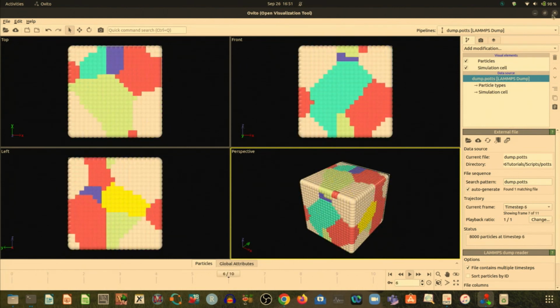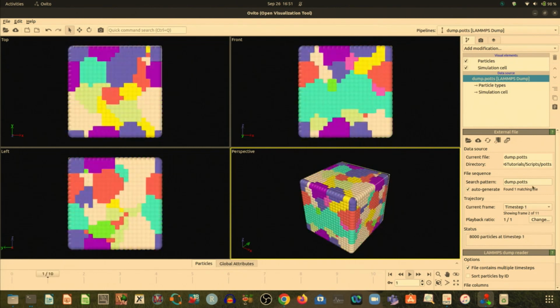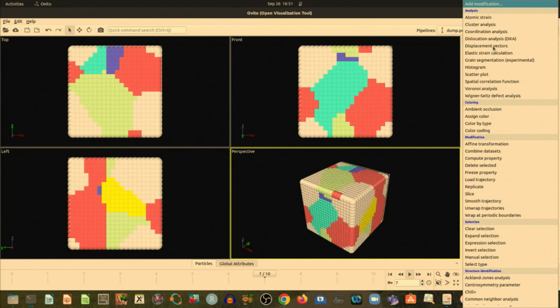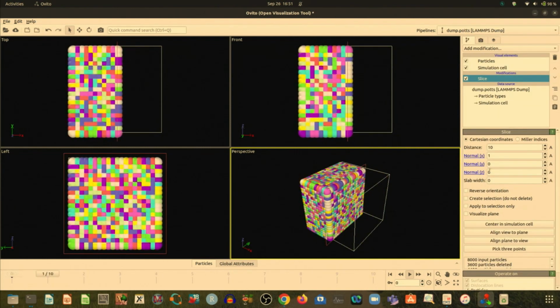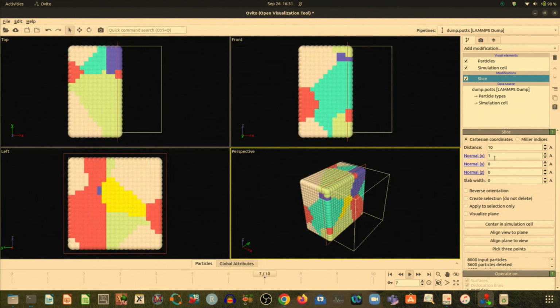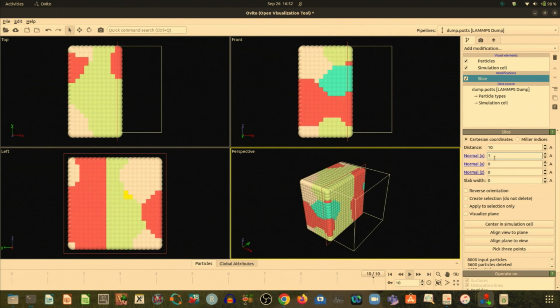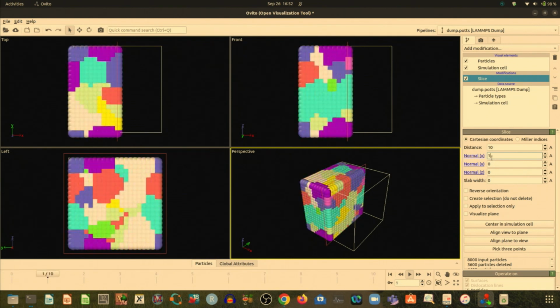Nice option, you can slice. Under add modification at the top, there is slice somewhere in the middle. Now you can just look in the middle, or you can cut out a slice. Here it's not perfect. Normal, shall I put it as, so it has already sliced at 50.